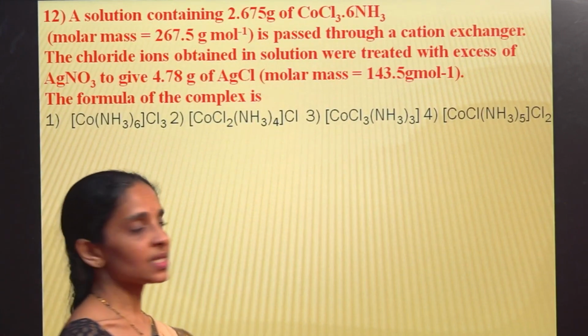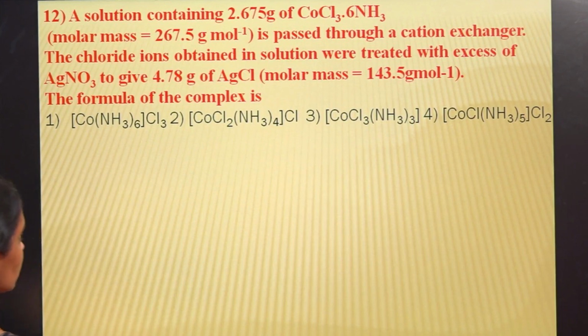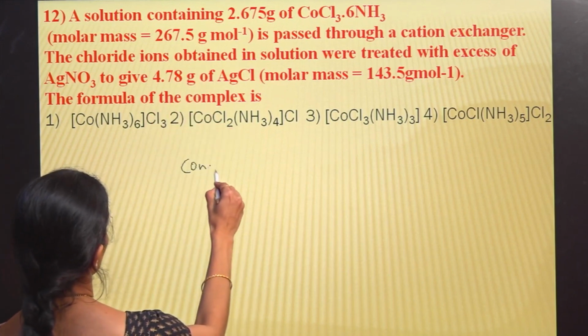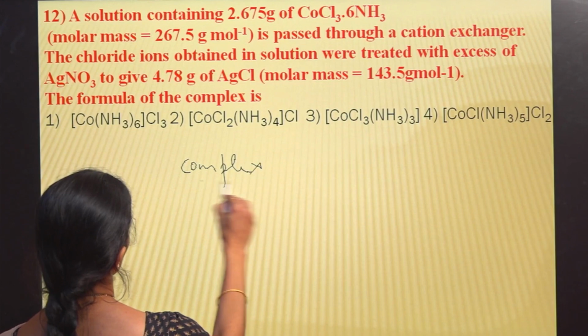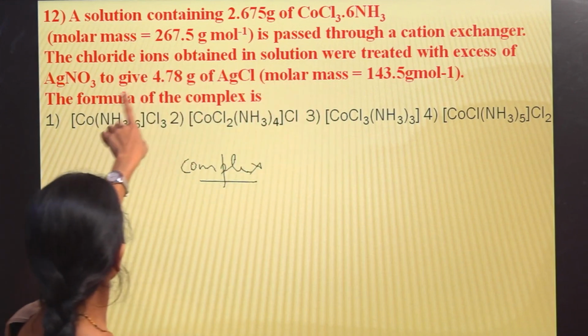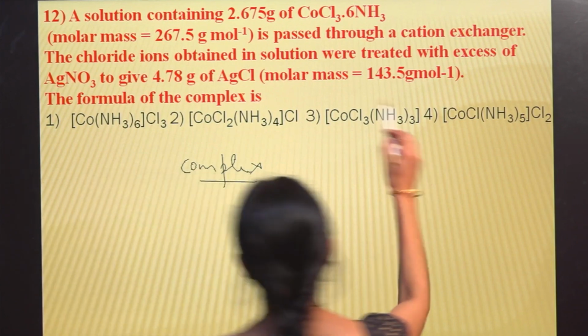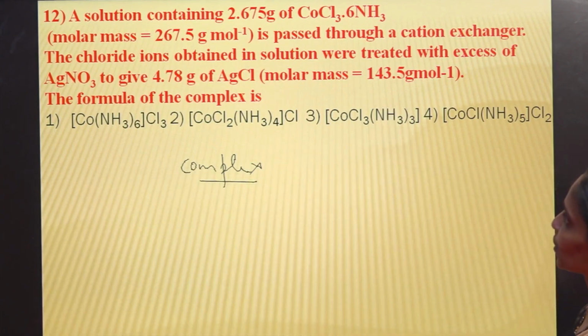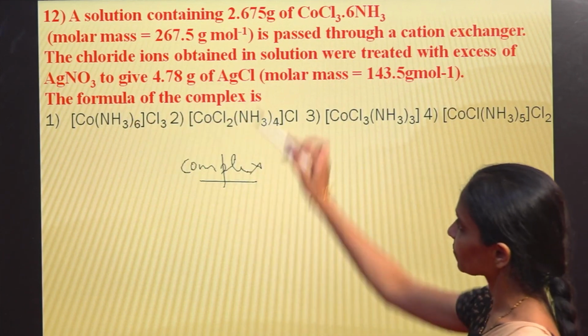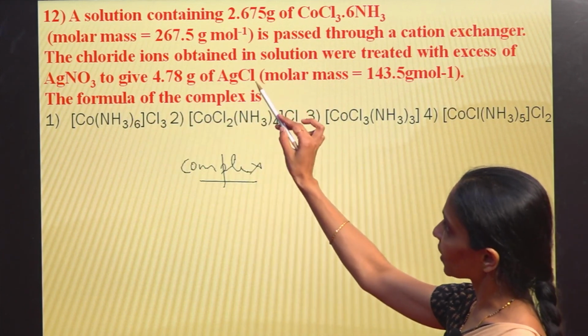The next one is again a problem. Now, a complex is given to you. That particular complex, when it reacts with silver nitrate solution, gives silver chloride.